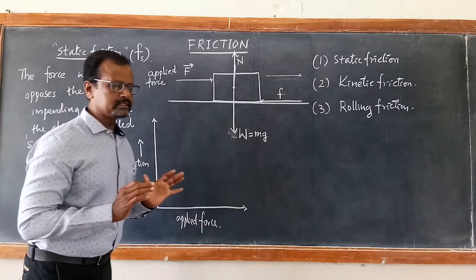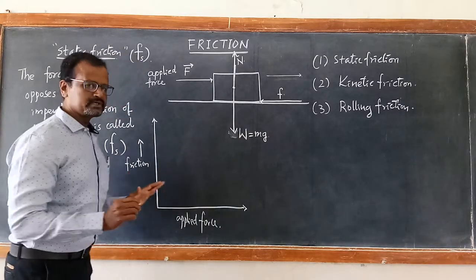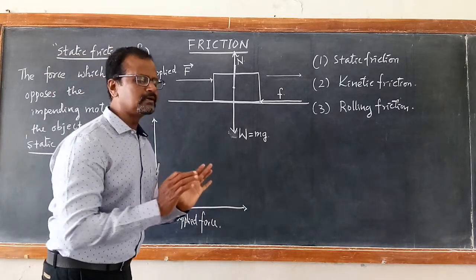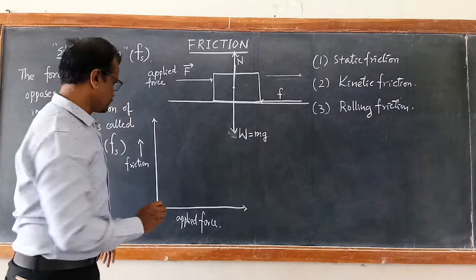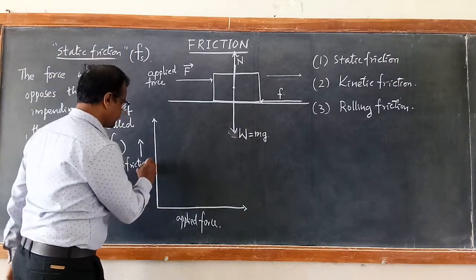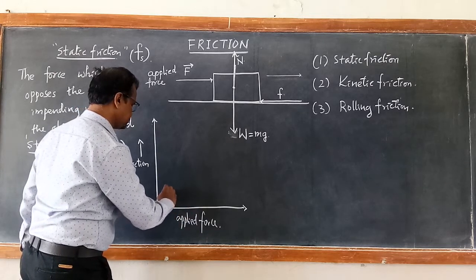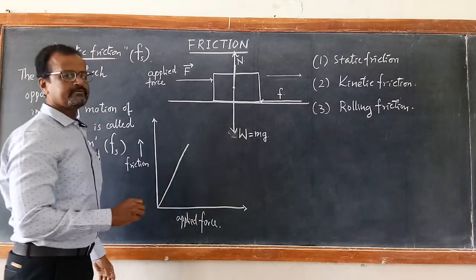As you go on increasing the applied force gradually, the static friction also increases. Still you push it with a little more force, the object is still at rest. So the static friction is directly proportional to the applied force. If you draw a graph, it comes out to be a linear graph.